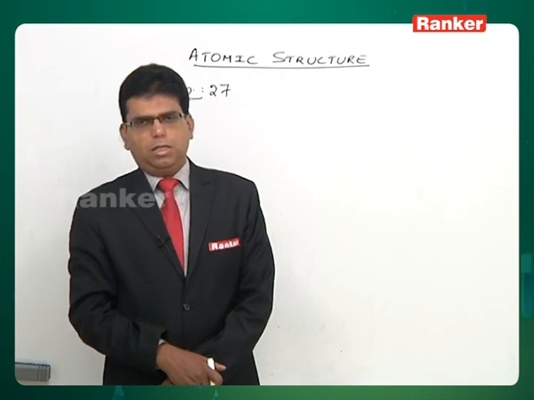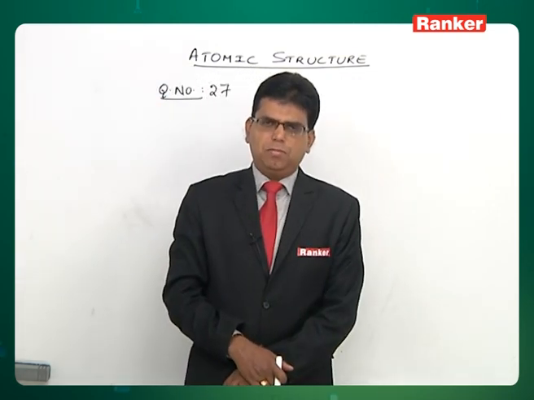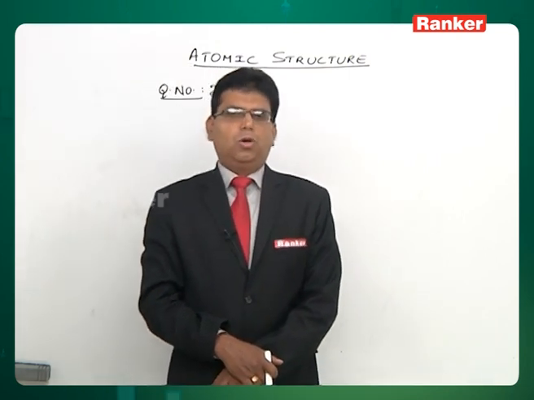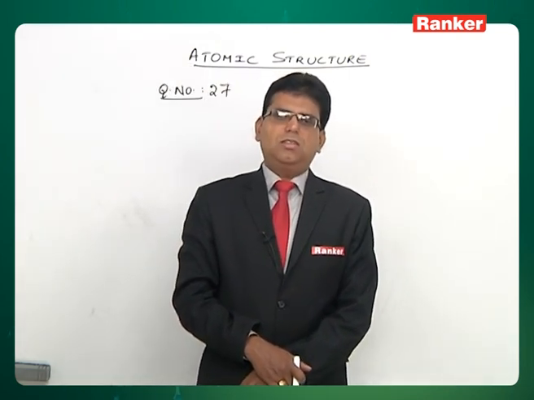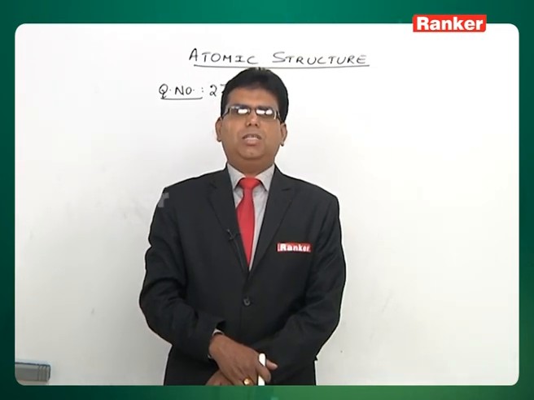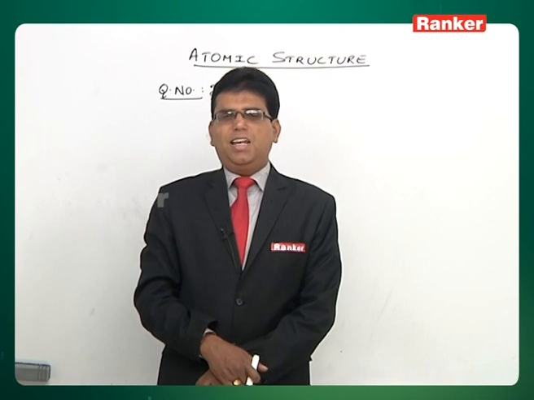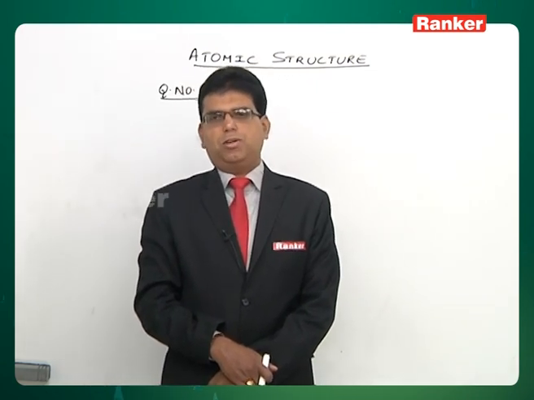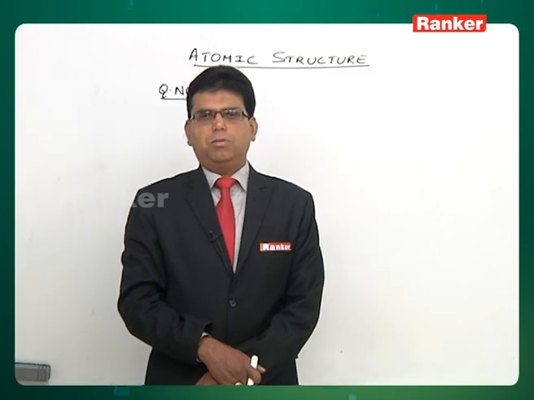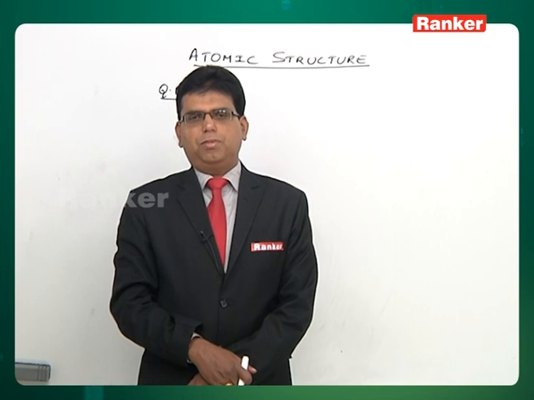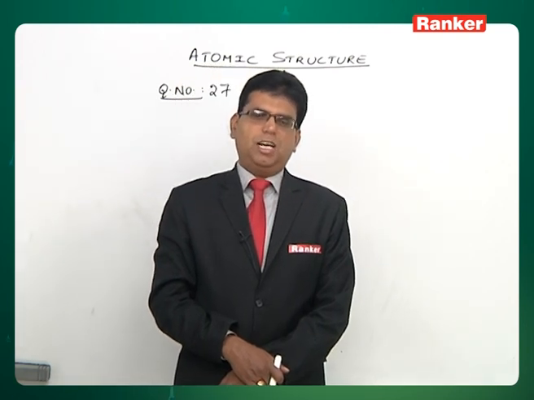But what our principle says is that the Pauli exclusion principle says no two electrons in the same atom can have all 4 quantum numbers same. The first 3 quantum numbers, that is principal quantum number n, azimuthal quantum number l, magnetic quantum number m, these 3 can be same for 2 electrons in an atom.